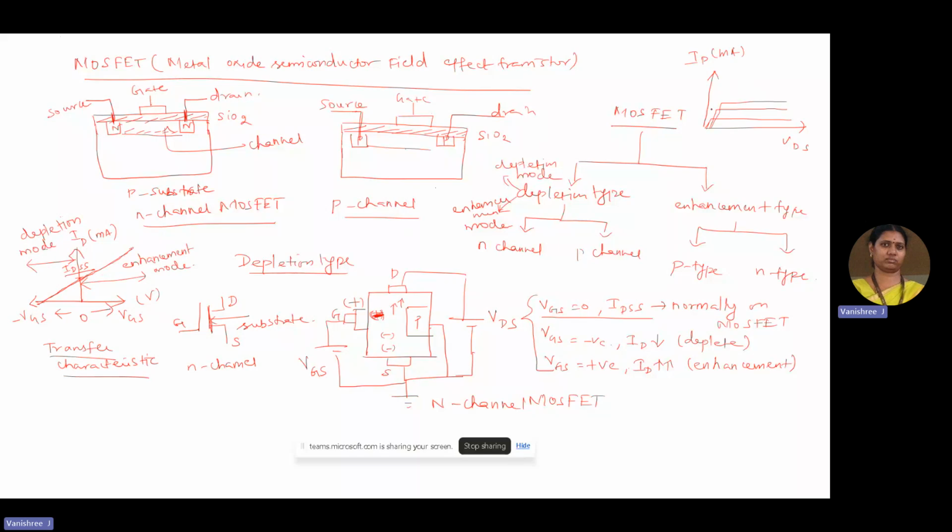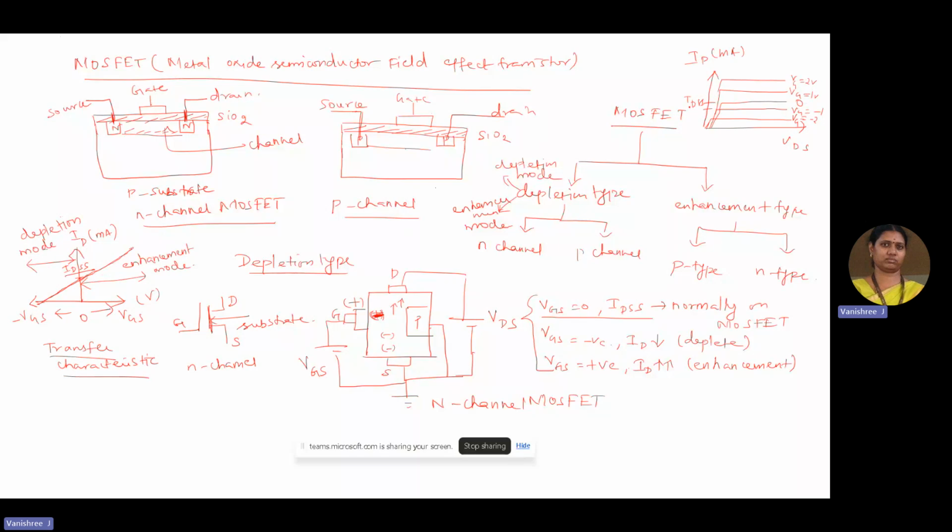For example, if this is IDSS, then this is VG equal to -2, VG equal to -1, then VG equal to 0, which is equivalent to IDSS. Then for positive gate voltage, VG equal to 1 volt and VG equal to 2 volt.